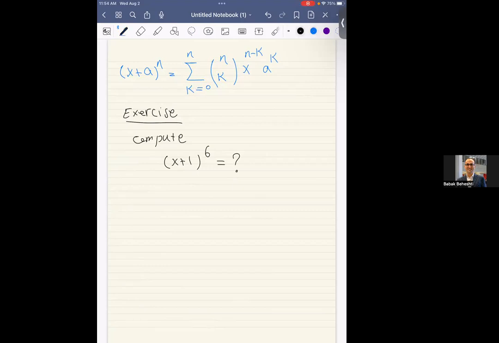So you remember the formula? In this formula, let me write also the case a equal to 1.